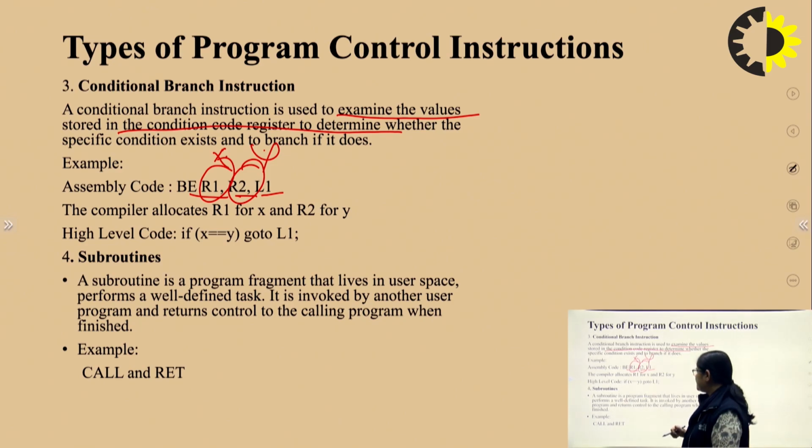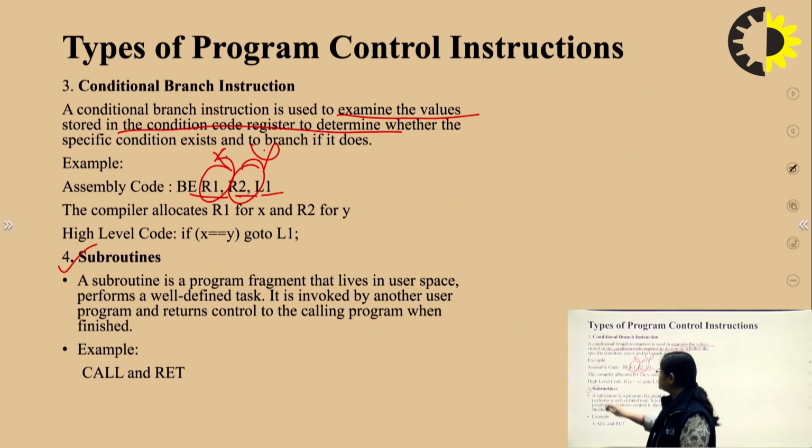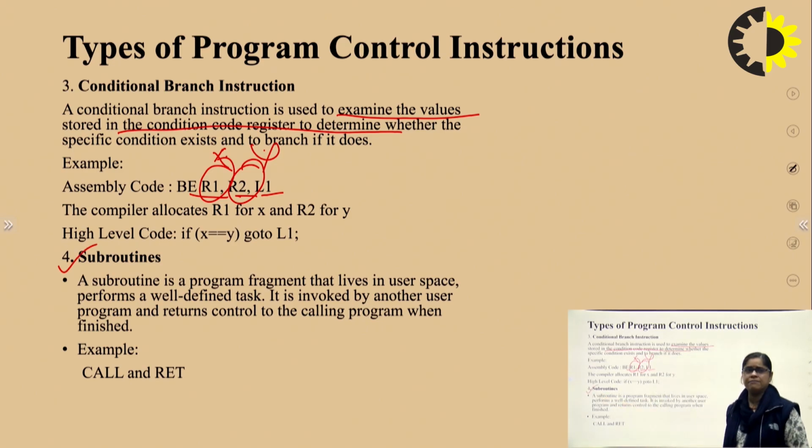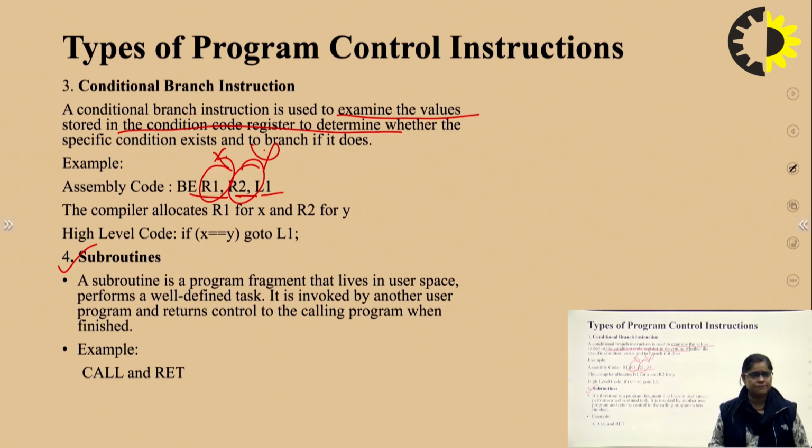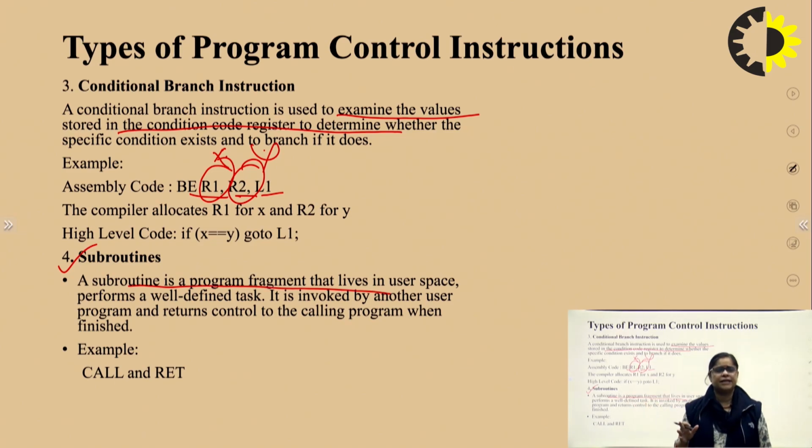Now, when we are talking about subroutines, that is the fourth type of program control instruction. What do you mean by a subroutine? A subroutine is a type of program fragment that lives in the user space and performs a well-defined task, and we normally use it in the programming world.